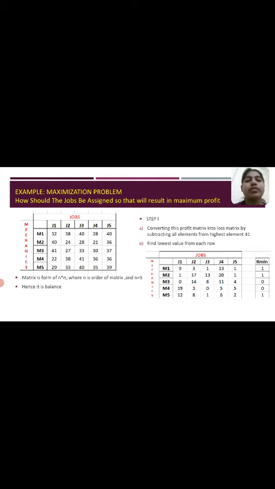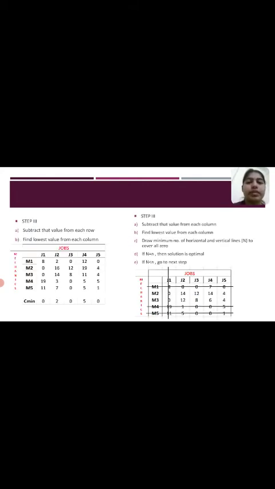Find the lowest value from each row. The row values are M1 1, M2 1, M3 0, M4 0, M5 1. Step 2. Subtract that value from each row. Find the lowest value from each column.